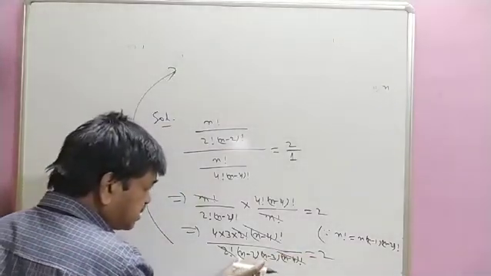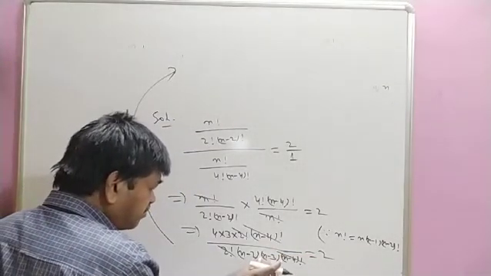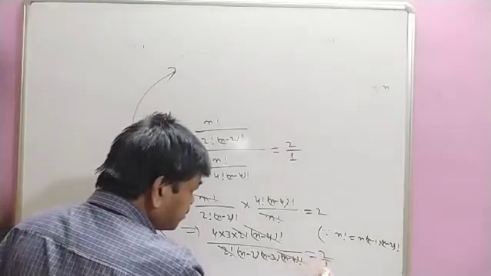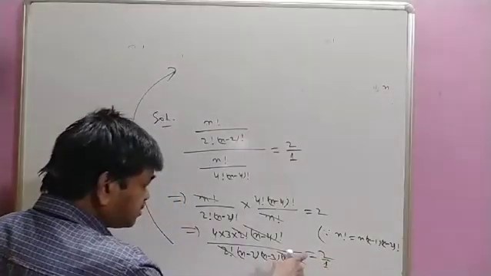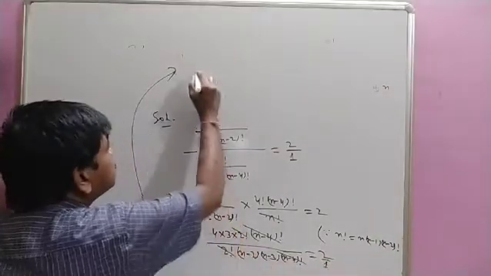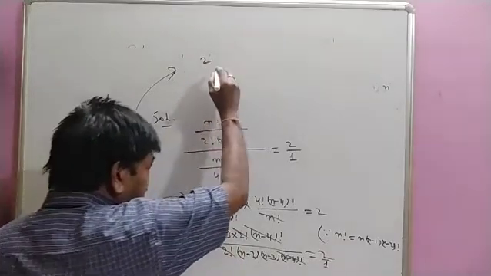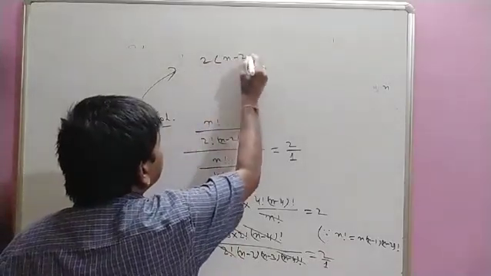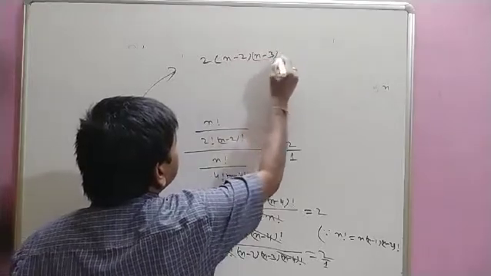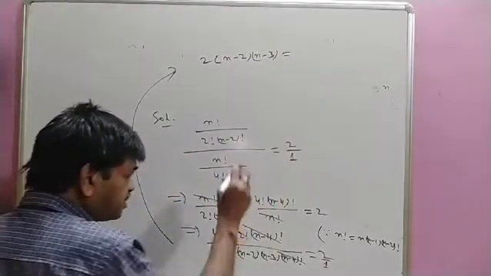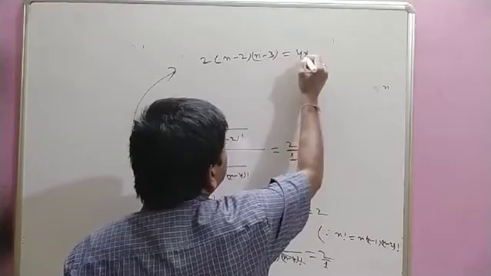This is n minus 2 into n minus 3 into 2, and the denominator is nothing, meaning 1. So 2 into n minus 2 into n minus 3 is equal to 1 into 4 into 3.